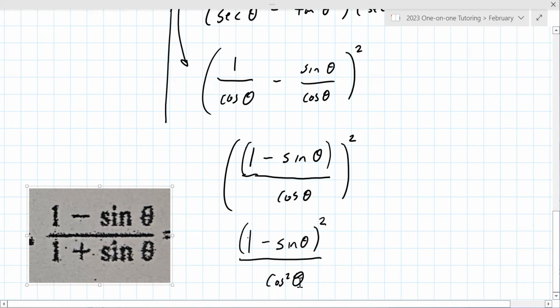Oh, 1 minus sine squared. It's Pythagorean. Yeah, it's one of the identities. I'm just trying to figure it out. So it's sine squared theta plus cosine squared theta equals 1.